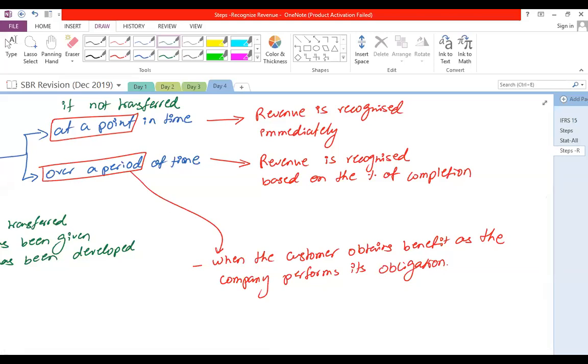If it's not over time, then it's a point in time. So at a point in time is sort of having no specific definition.